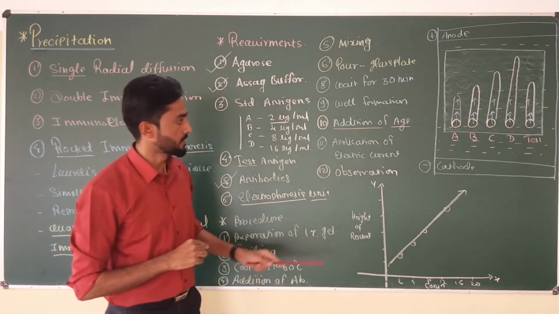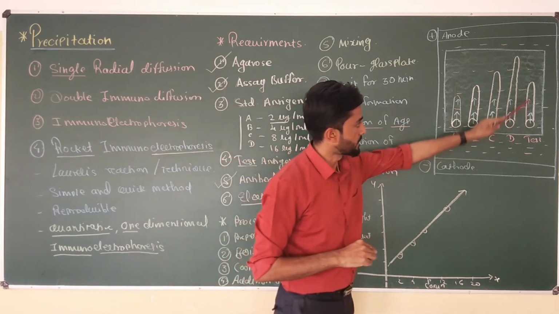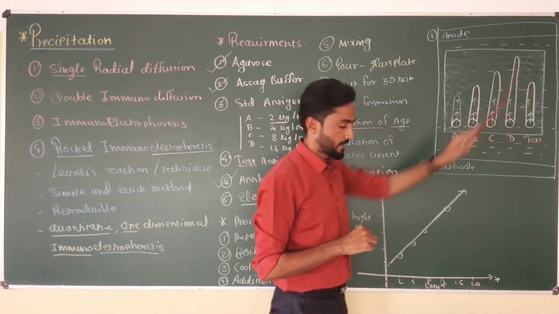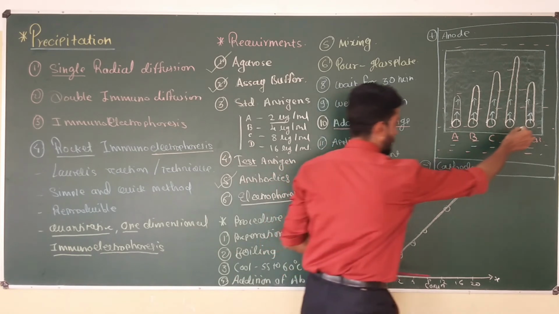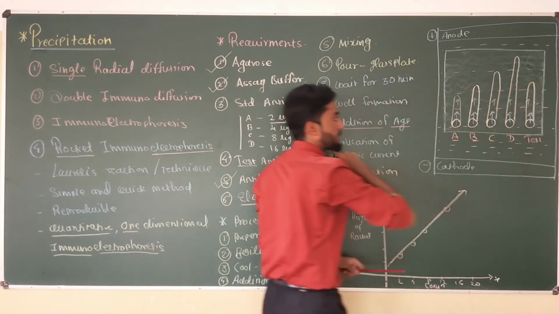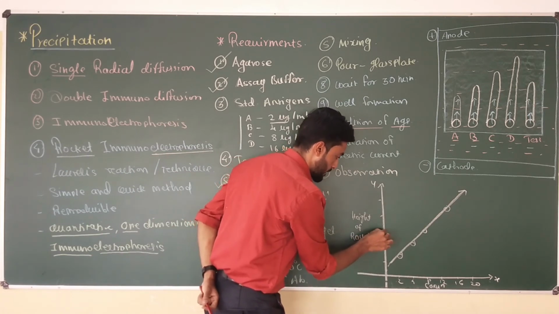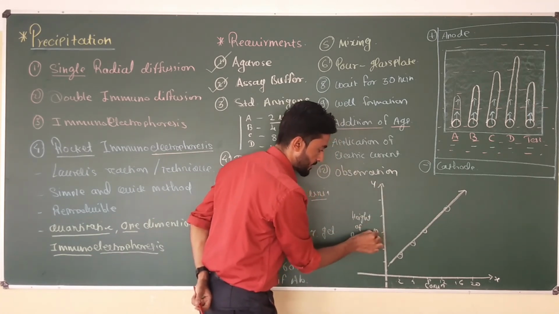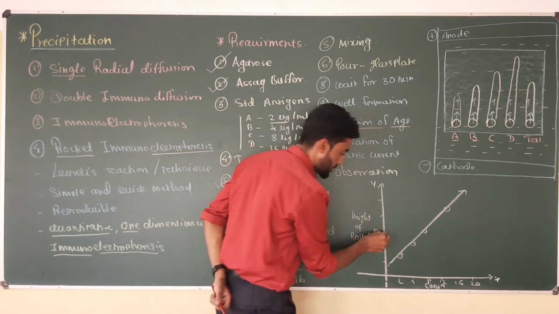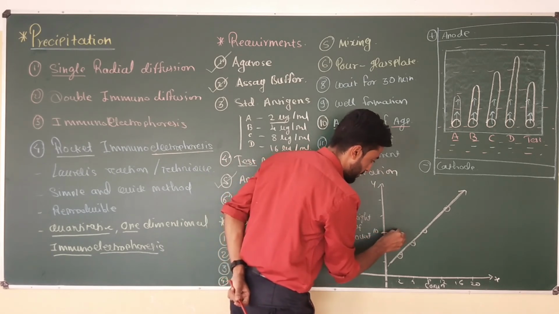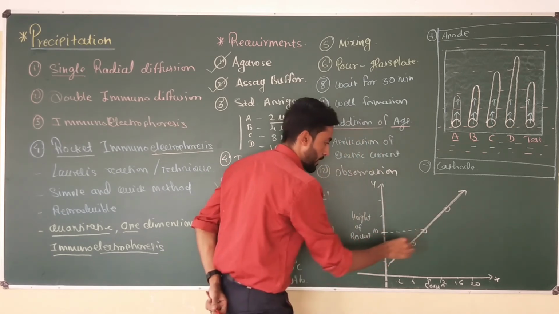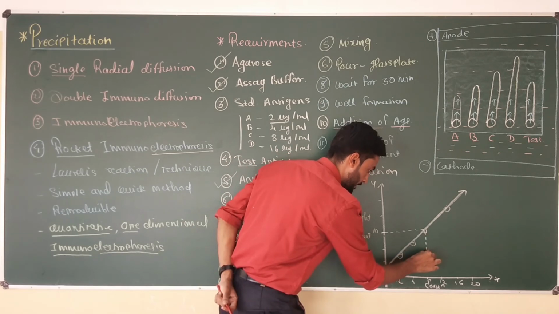After construction of the standard graph, the last step is to measure the height of the test antigen rocket. Suppose this rocket gives a height of 10 mm. In that case, on the y-axis at 10 mm, you draw a line like this and extrapolate it.